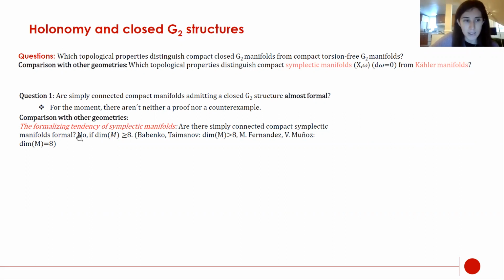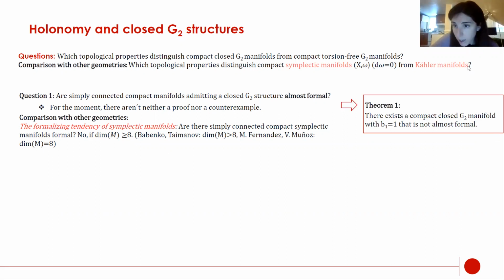And the answer in that case is negative. And in this talk, I will explain that if we replace the hypothesis of being simply connected with having first Betti number equal 1, the answer to question 1 is negative.